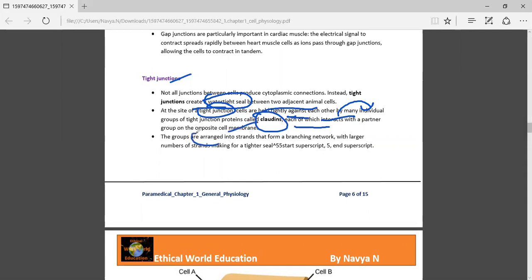They are arranged into strands that may form a branching network, and a large number of strands makes a tighter seal.